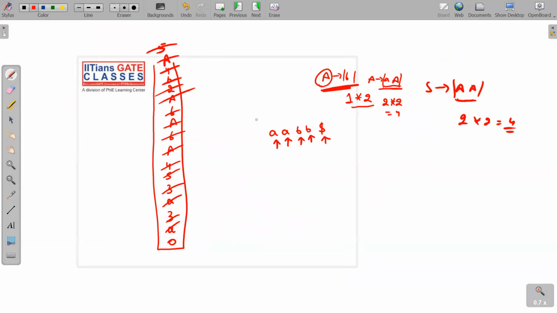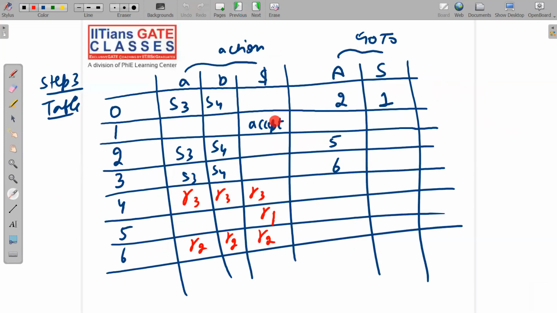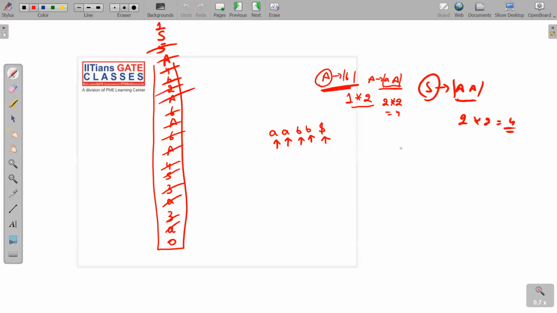And the LHS will be pushed onto the stack, that means S. Now I will say 0 on capital S, that will be state number 1. And I will say 1 on dollar, accept. So the string will be accepted. That's it. I hope I have made the point clear to everyone. Please try to follow it.